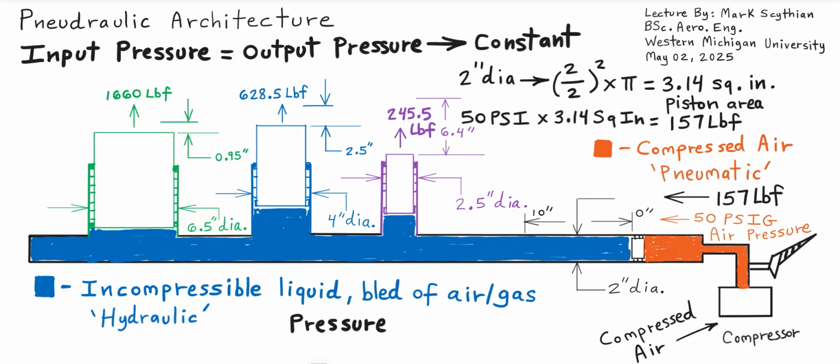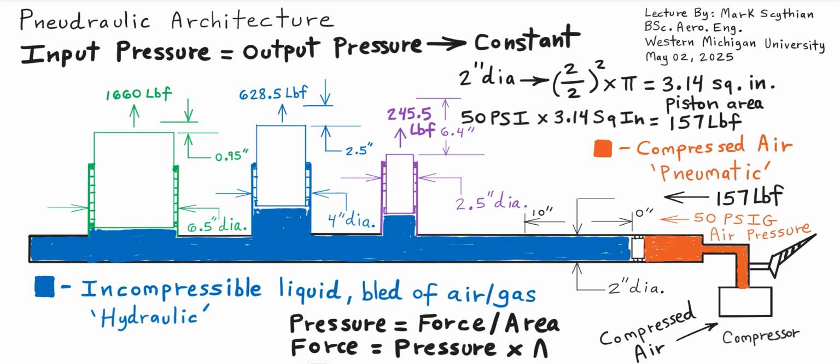So the main takeaway is that the input pressure is equal to the output pressure, and hence is constant. And then lastly, pressure is the ratio of force divided by area, and pressure-based force is equal to the pressure times the area.